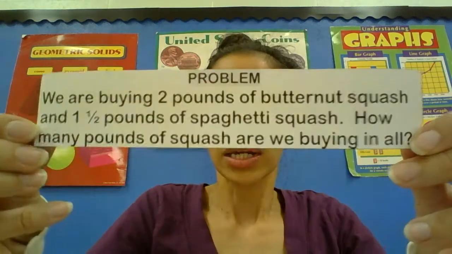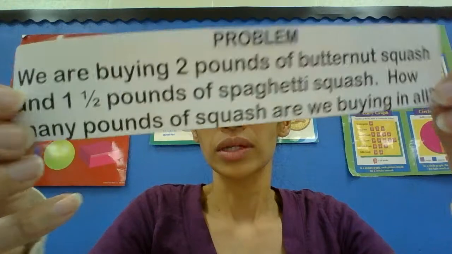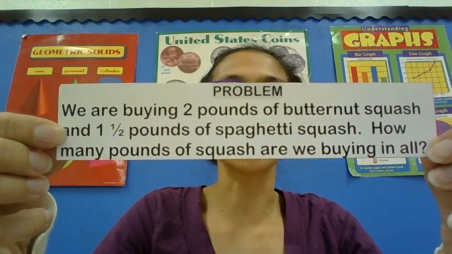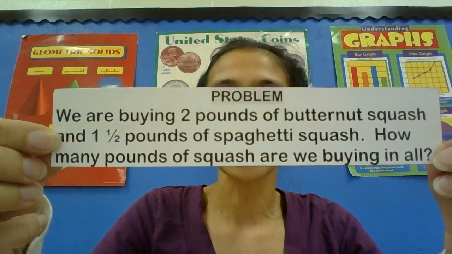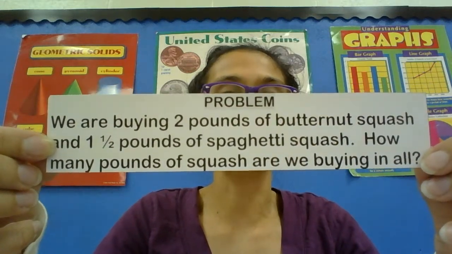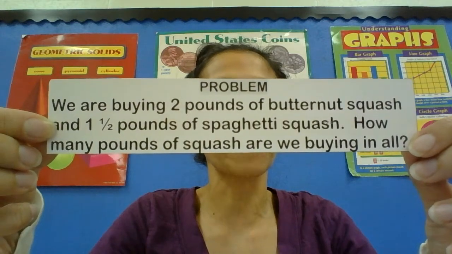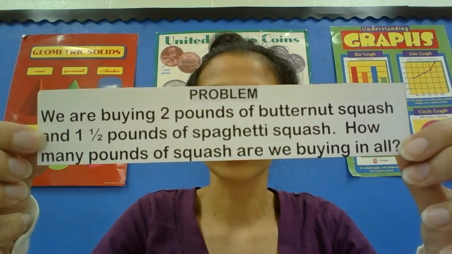All right, now the first problem, bam, is this right here. So again, pause the tape if you need to, okay? Can you see that? It says we are buying 2 pounds of butternut squash and 1.5 pounds of spaghetti squash. How many pounds of squash are we buying in all?